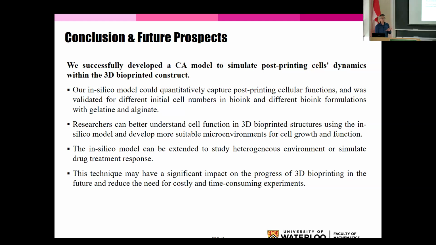Then we use the cellular automata simulation to get an idea about what the structure of the printed cells should be. It's not perfect, of course, but compared to before, when we had to do hundreds of experiments by trial and error, we are now limited to just a few experiments to get the highest cell viability.